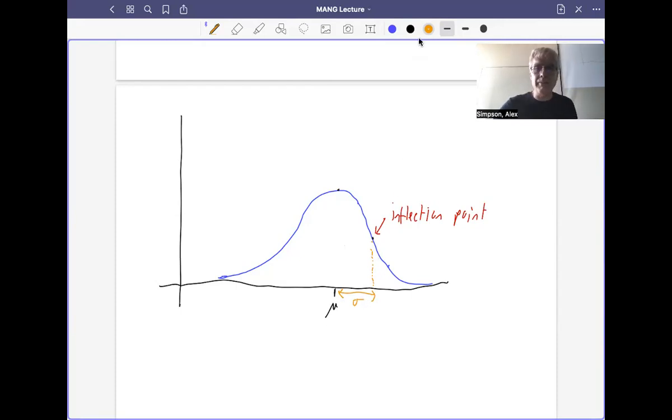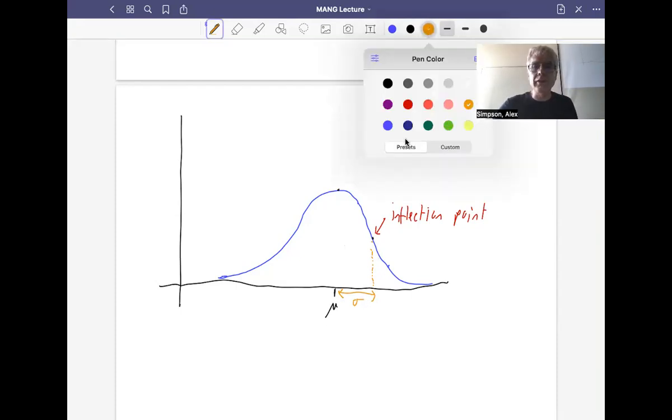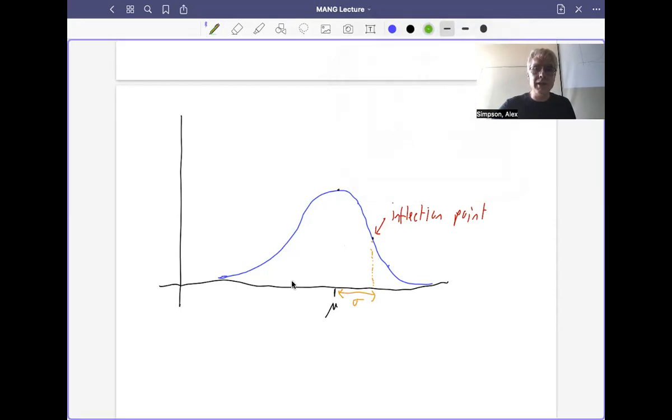So if we had, let's use maybe a green, we might also see a different distribution, a similar looking bell-shaped curve, but a steeper one like this, say.